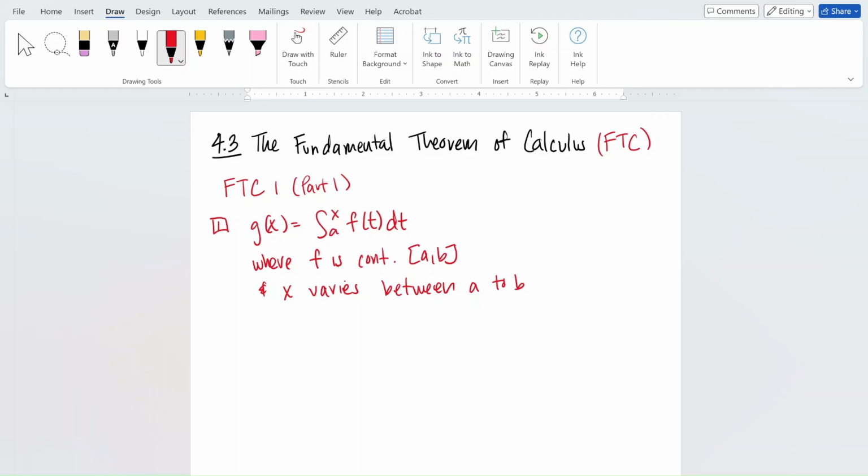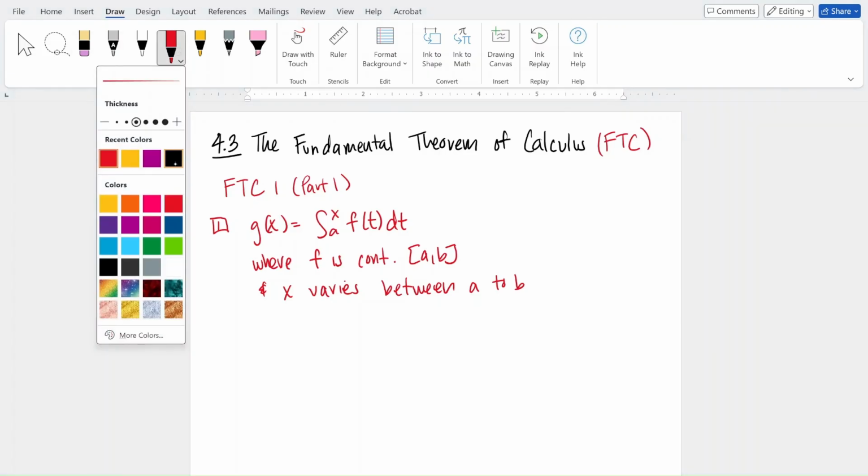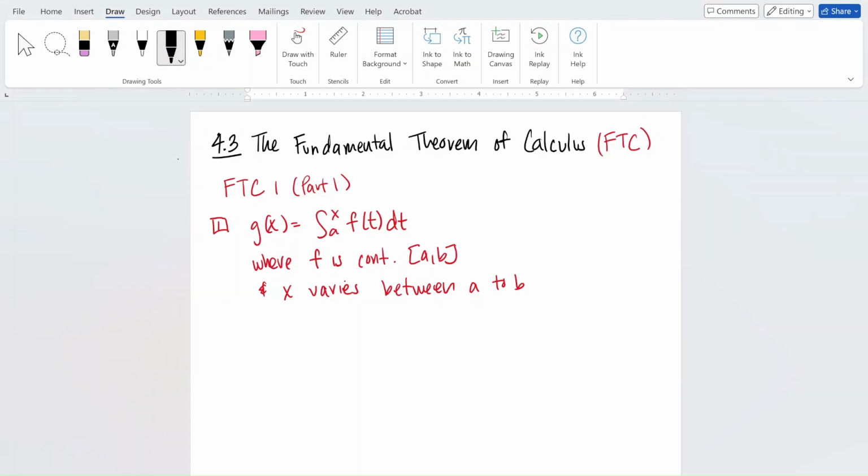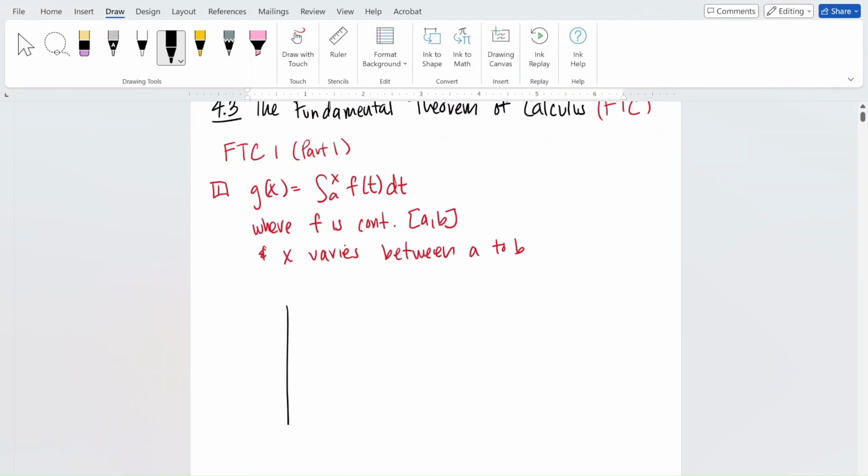So to envision what this function looks like, just imagine for the moment that you have your y and t axes, and you have a random function. We'll call this y equals f of t.